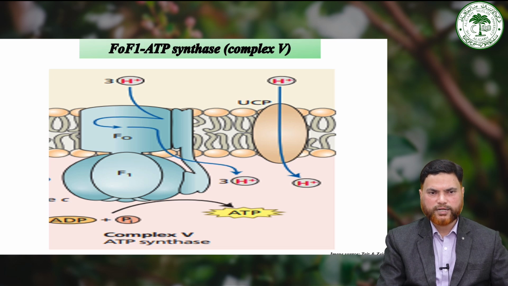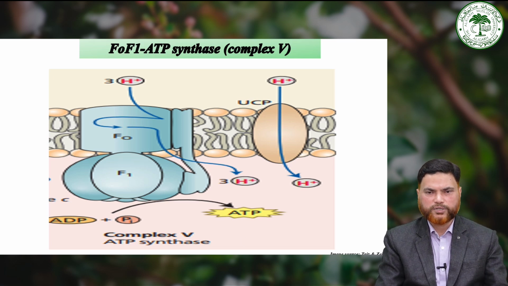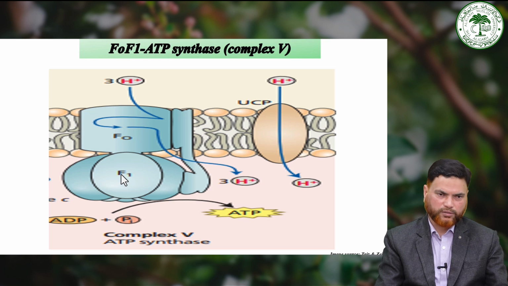You see in the slide that complex 5 is composed of two main components, the F1 complex and the F0 complex. The F1 complex, localized towards the mitochondrial matrix, is known as the soluble catalytic domain, and the other one is the F0 complex, which is a membrane bound domain embedded in the membrane, the proton translocating domain.